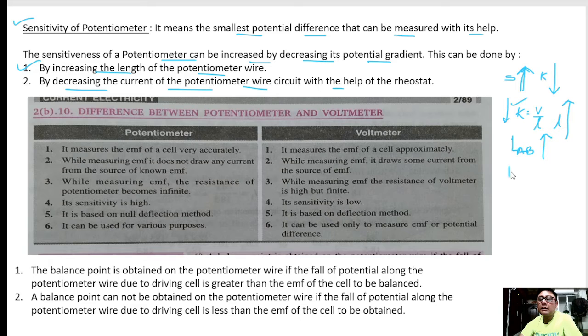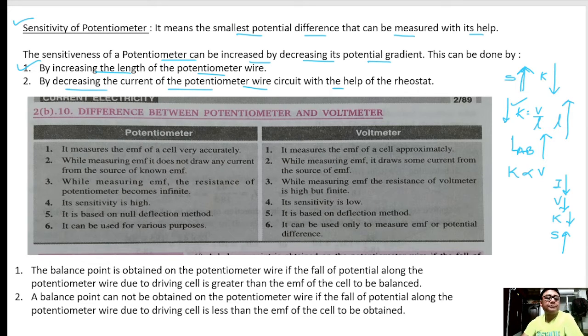Because K is proportional to V. So if I decrease the current, then V will be decreased and K will also be decreased. So if K is decreased, S will be increased, sensitivity will increase. So this is the concept used here.